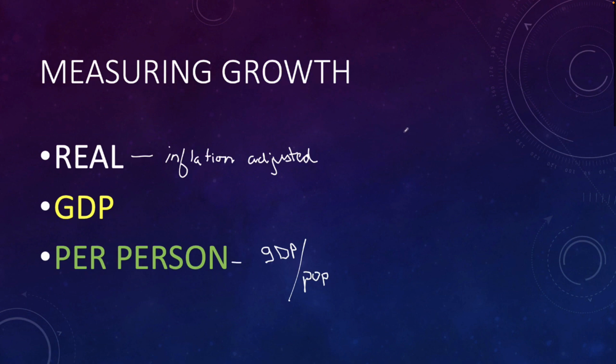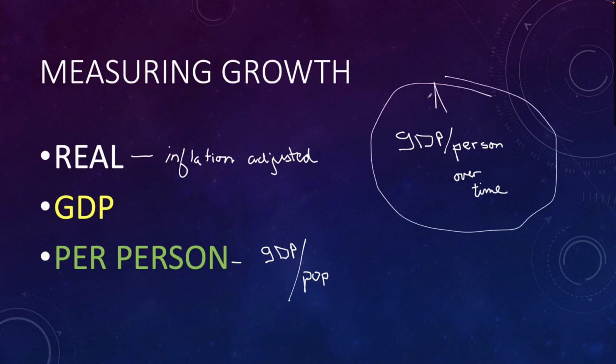So we're looking at GDP per person over time. And this is what we mean by economic growth. Has your real GDP per person changed from one year to the next?